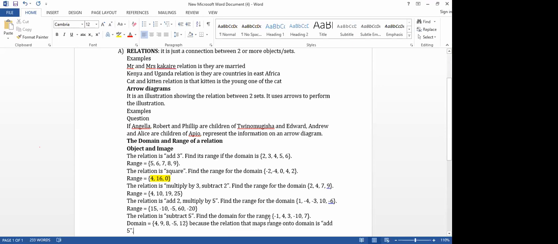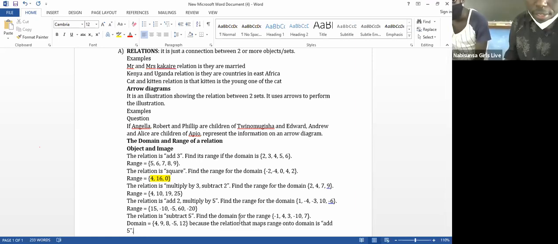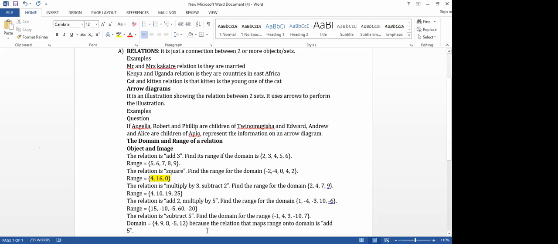Or if you draw the range first and then the domain next, the arrows must move this side. So you make sure your arrows are moving from range to domain, whether the range came first or next. Okay, thank you, teacher. You're welcome.